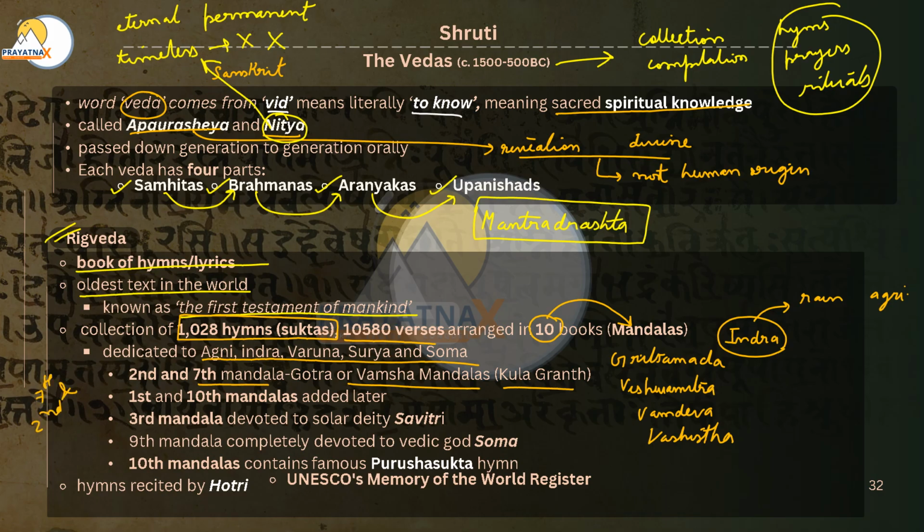You'll see that the script of the 8th mandala is called Khila, whereas the first and 10th script is known as Shepak.